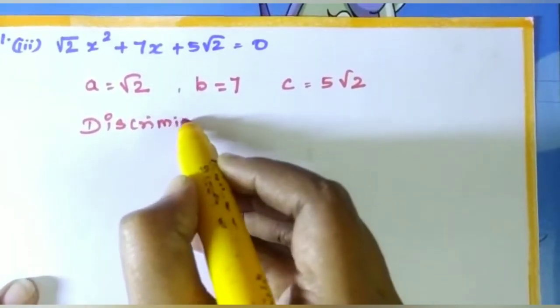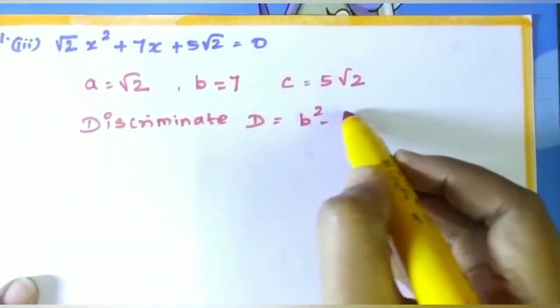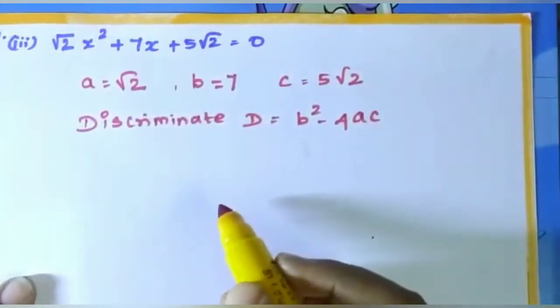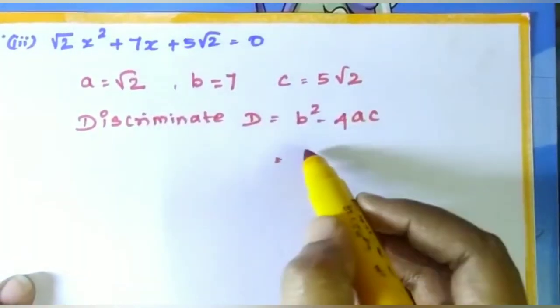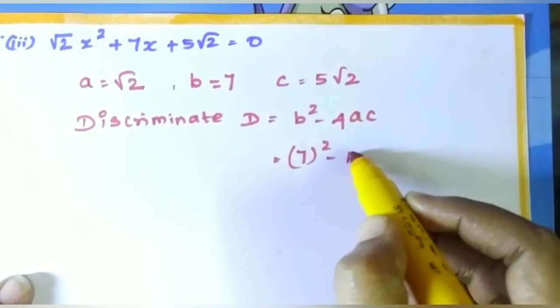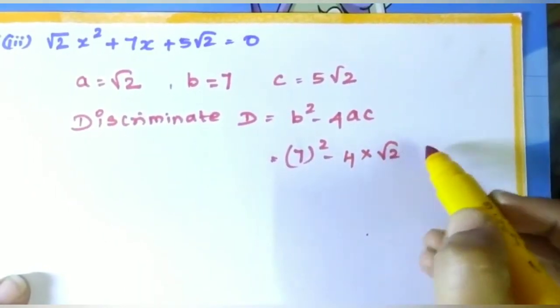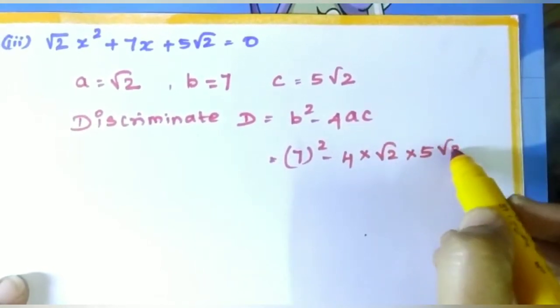Discriminant D is equal to B square minus 4AC. The value of B is 7. So 7 square minus 4 into the value of A, root 2, into 5 root 2.